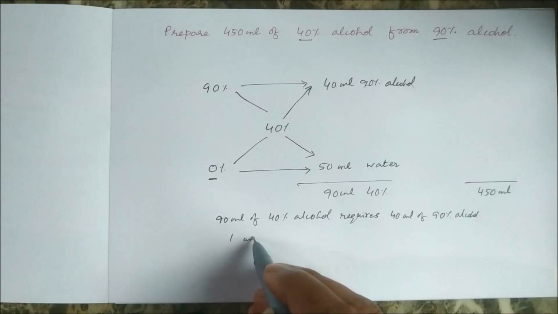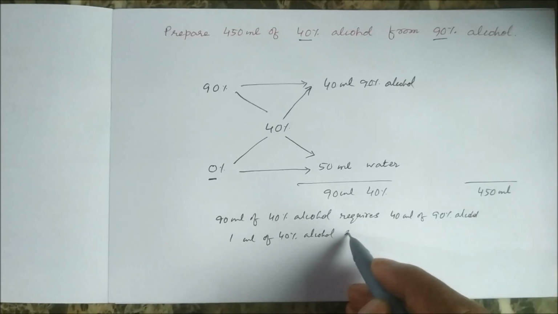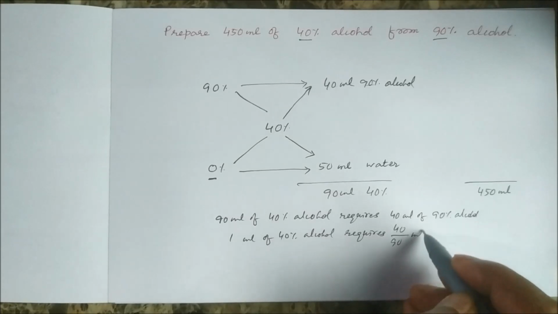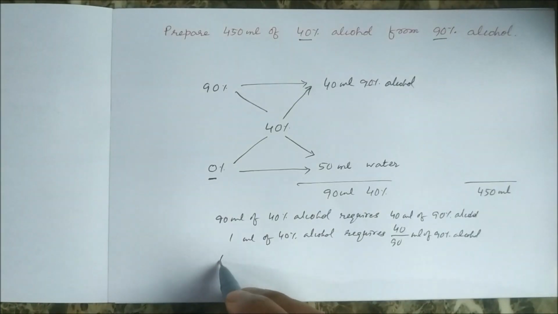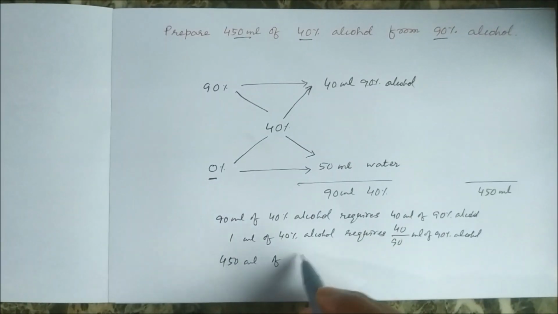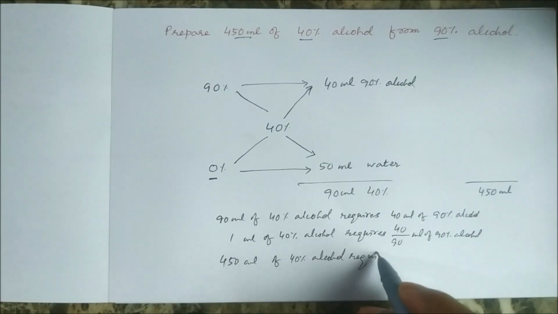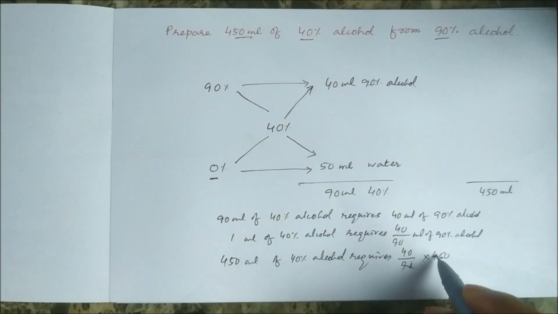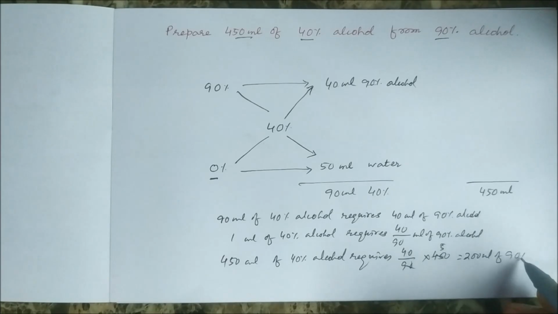So 1 ml of 40% alcohol requires 40 by 90 ml of 90% alcohol. So we need 450 ml of 40% alcohol. So 450 ml of 40% alcohol requires 40 by 90 into 450. So that is 200 ml of 90% alcohol.